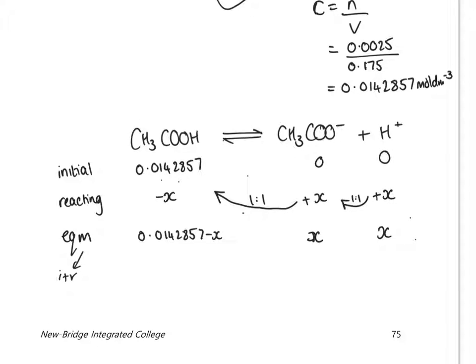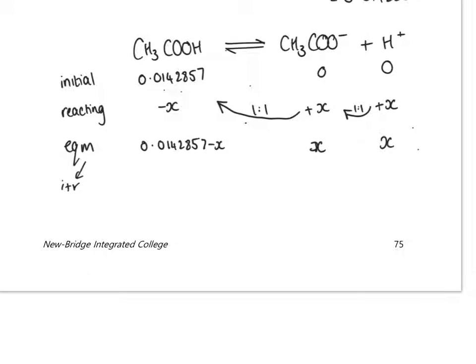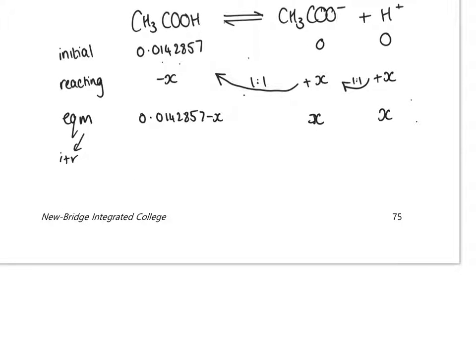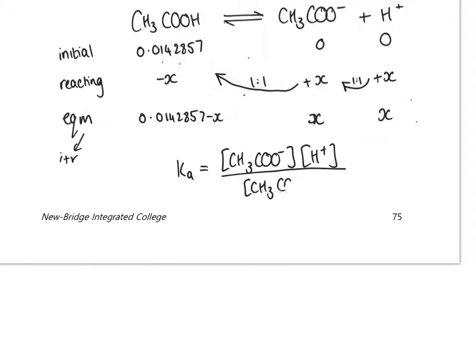So in order to work out the concentration of my hydrogen ions, I need to use an expression for Ka. So first of all, let's write it. Ka is the concentration of my products over reactants. So that's the concentration of my ethanoate ions times the concentration of my hydrogen ions over the concentration of my ethanoic acid.